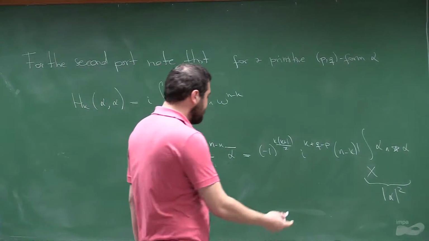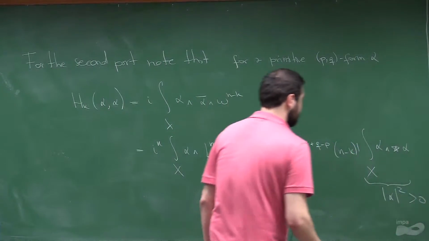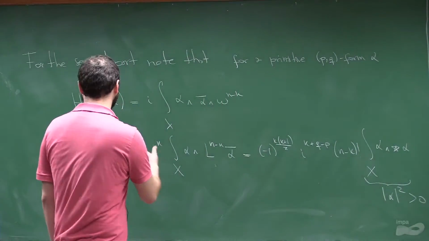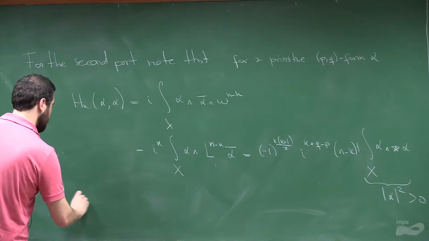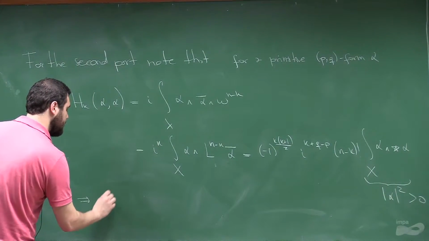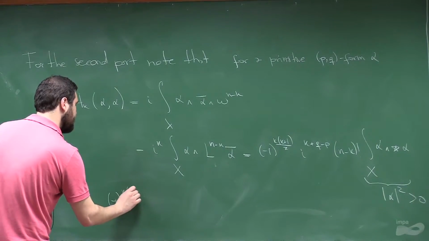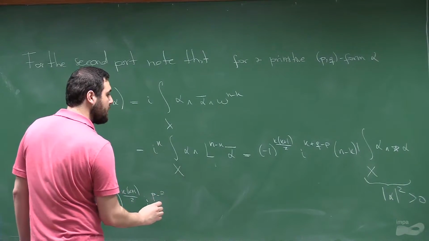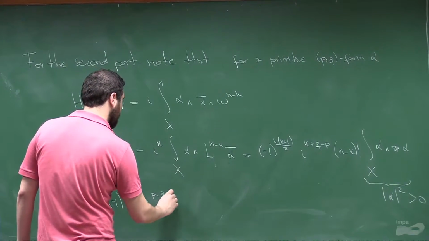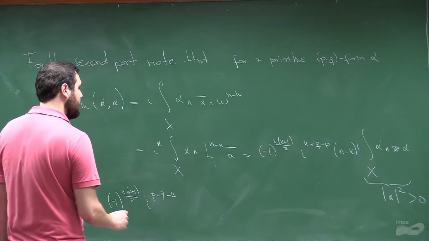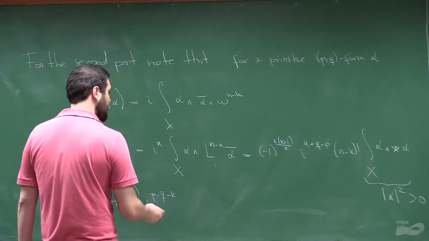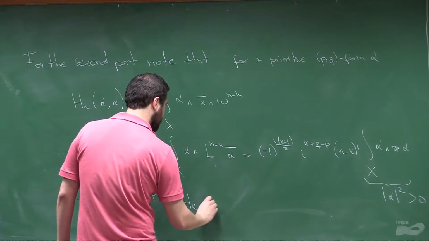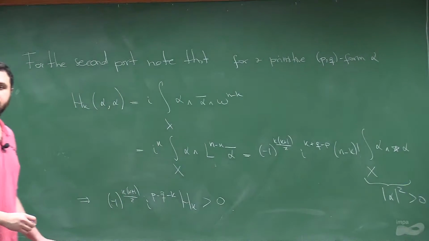Right, and so this part is positive. And so in conclusion, we get that minus 1 to the k times k plus 1 over 2, i to the p minus q minus k, h_k is positive definite, right?